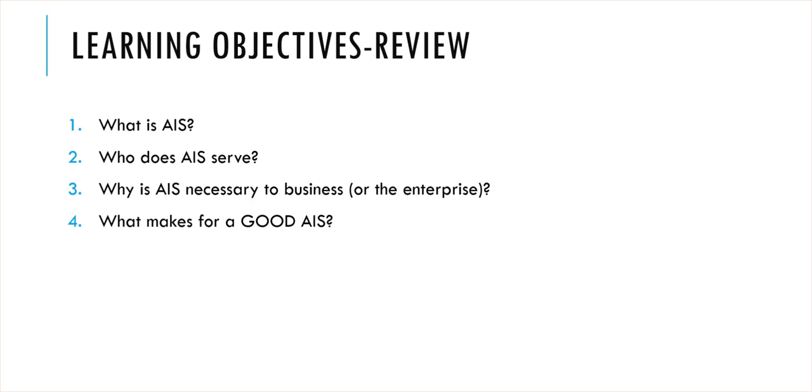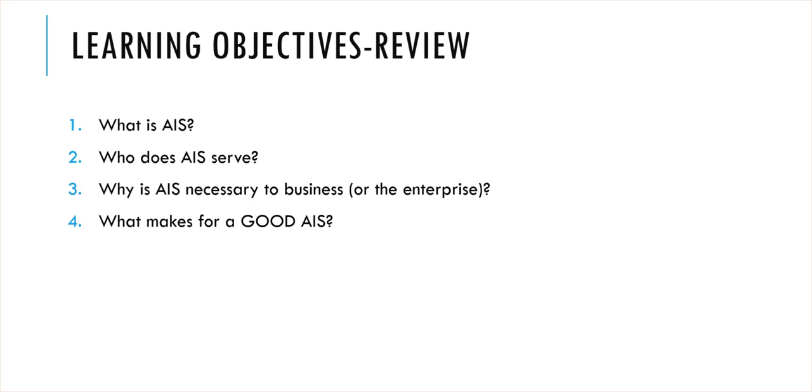If you don't have a good AIS, and we talked about all that, about a good AIS and what makes for good information, you're not going to have customers that come back to make purchases from you. They want to be sure if they order from you, it's going to be at their door in good condition. It's going to be the thing they ordered. And yeah, a good AIS needs to support all the transactions that are happening.